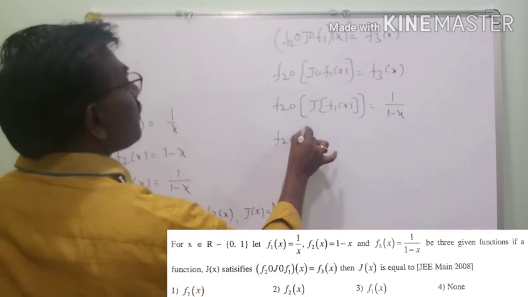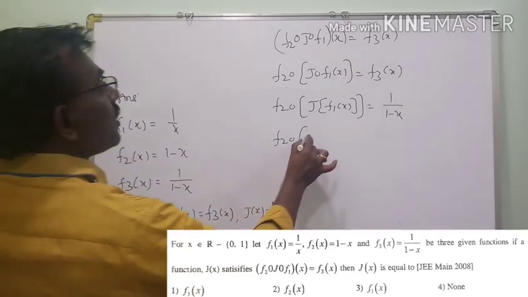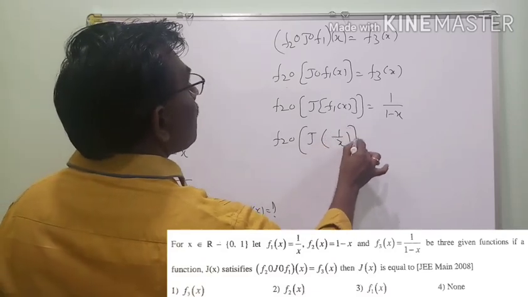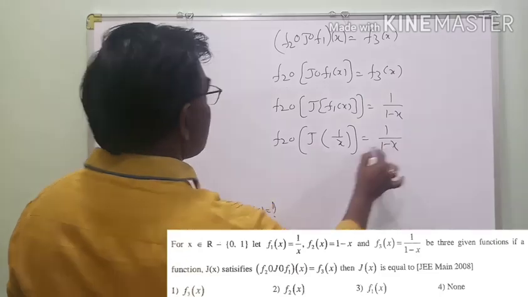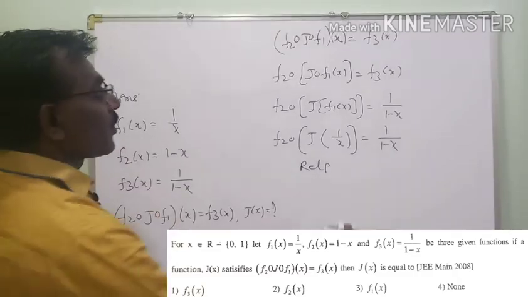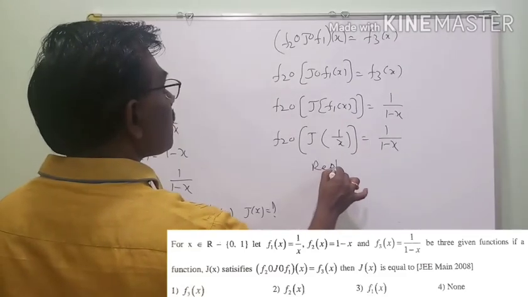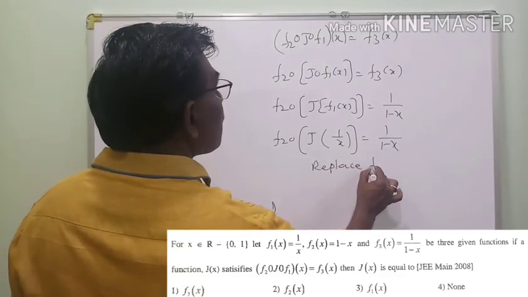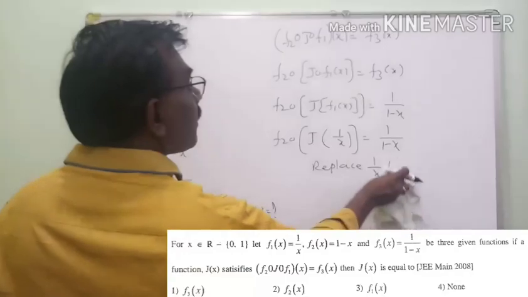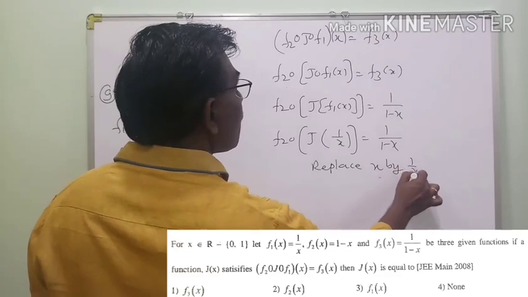What is j of f1 of x? f1 of x is 1 by x, so j of 1 by x equals 1 by 1 minus x. When you take replacing, since you want j of x, replace x by 1 by x.